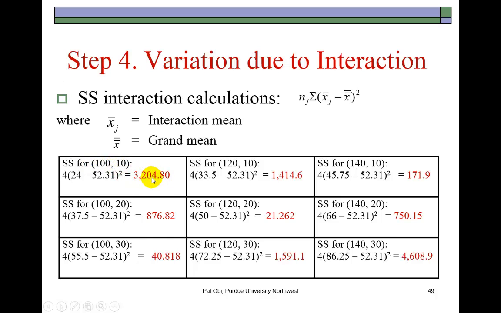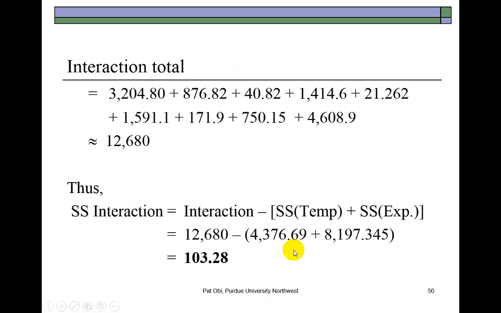So we get this number, and in the same way we do that for all the other interactions shown. Now we add up all these numbers, and that's what you see here. This is called the interaction total, 12,680.80.